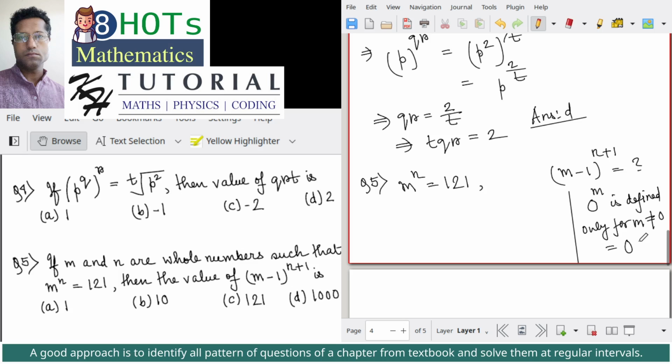If m is a non-zero rational number, then 0 to the power m is always equal to 0. So definitely m is not 0. Okay.